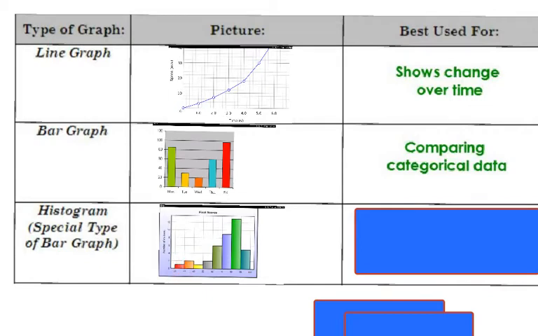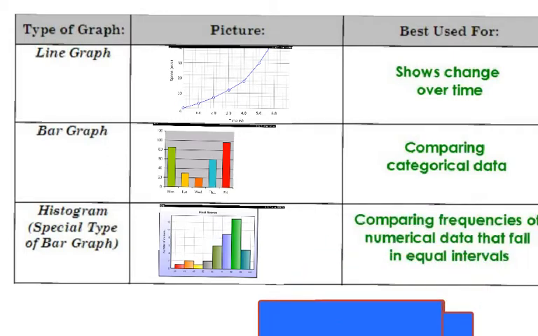Then for the test score from 30 to 40, there were 2 students that scored that. From 40 to 50, there was 1 student that scored that. So it's a range of scores that you're looking at here. And that is what it's best used for, comparing frequencies of numerical data that fall in equal intervals. So a test score, that's a number, that's numerical data.